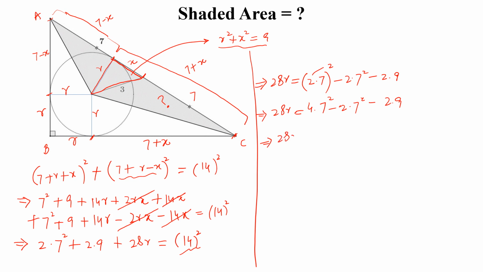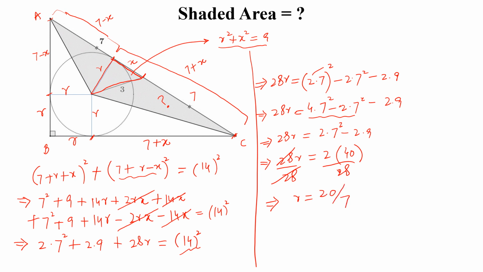Then 28R is equal to this minus this, so 2 into 7 square minus 2 into 9, and 28R is equal to, if we take 2 common, 7 square minus 9, 49 minus 9 is 40, divided by 28, so R is equal to 20 by 7.